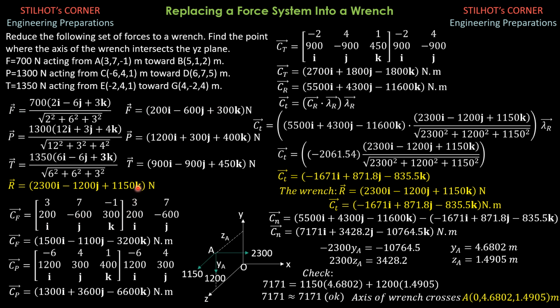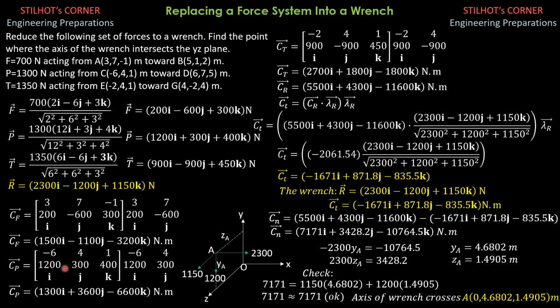Then i, j, k, copy the elements of the first two columns. So C sub F, or the moment of the force F about the origin in vector form, is 7 times 300, 2100i minus negative 600, because that's positive, so minus 600.